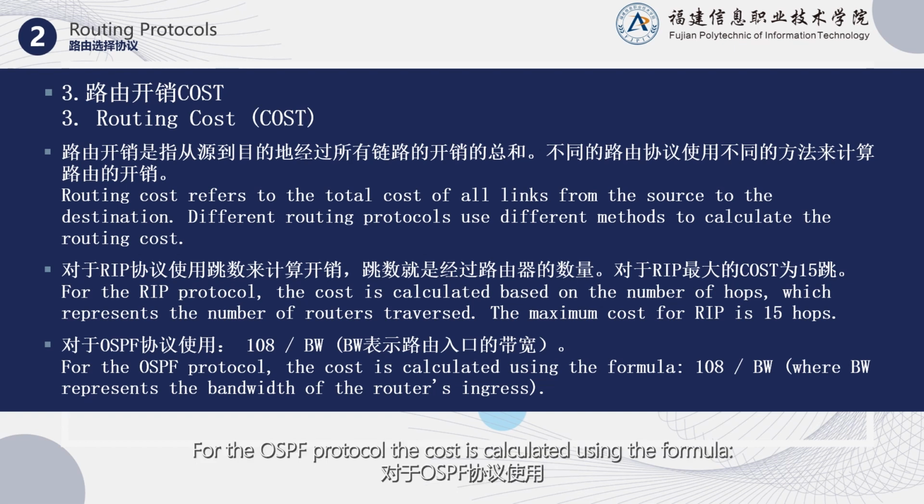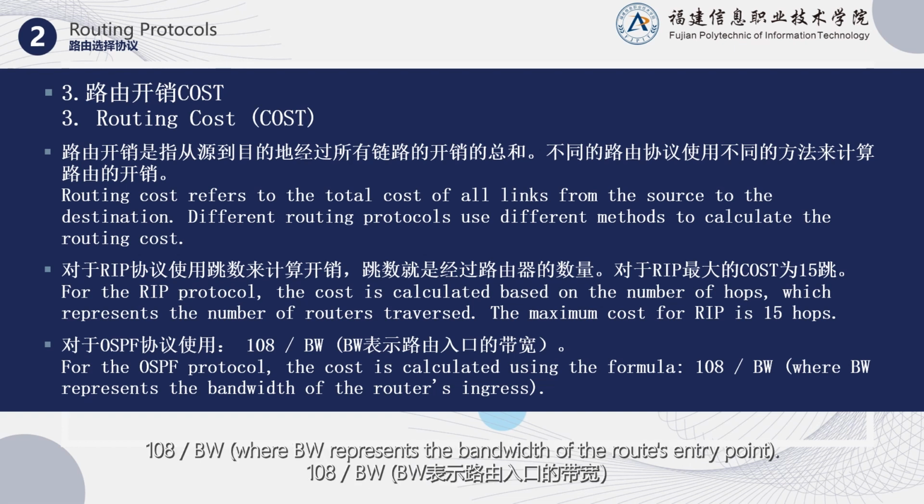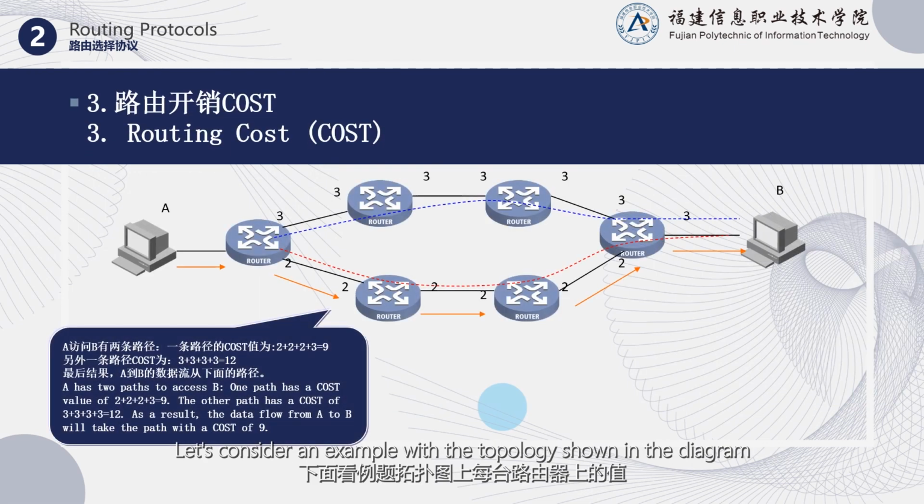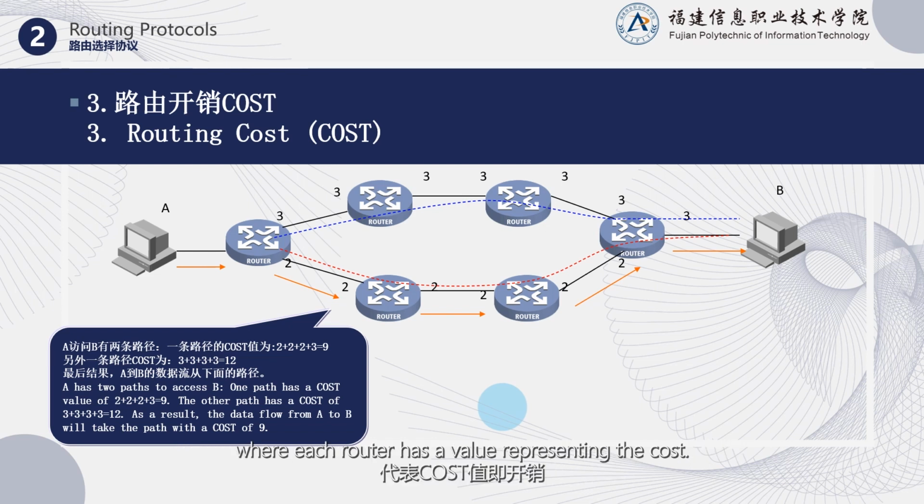For the OSPF protocol, the cost is calculated using the formula 10^8/BW, where BW represents the bandwidth of the route's entry point. Let's consider an example with the topology shown in the diagram, where each router has a value representing the cost. When router A wants to reach router B, there are two possible paths.